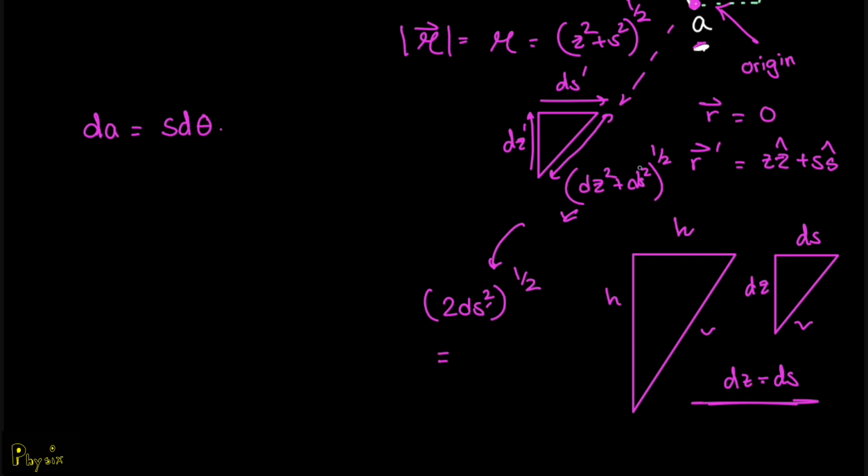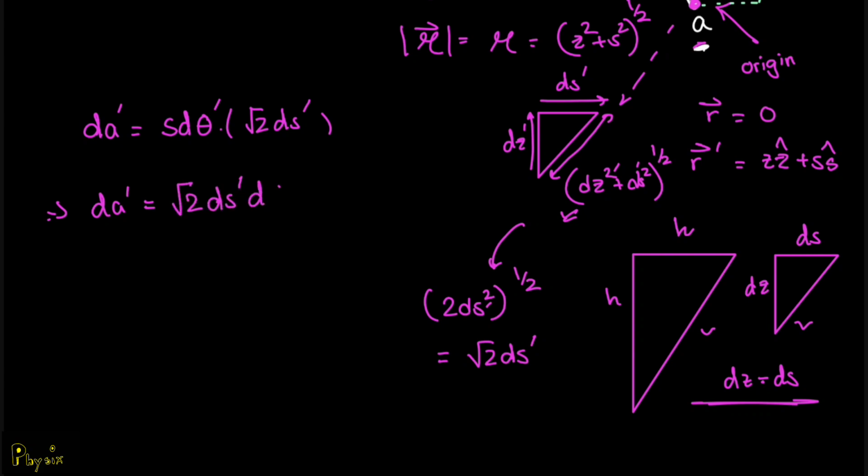I'm going to use the prime notation, of course, and this gives you the square root of 2 times ds prime. Plugging it over here gives you the square root of 2, ds prime and d theta prime as well. I can write this down as dA prime is equal to the square root of 2 s ds prime d theta prime. Oh, I'm missing an s over here.